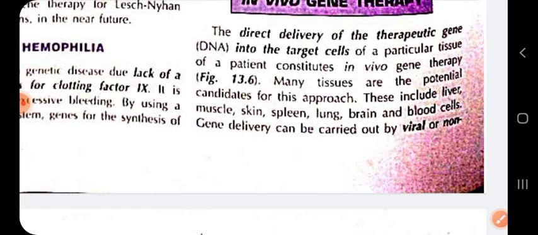Liposomes are artificially created lipid vesicles where we entrap our gene of interest within those lipid vesicles. Then the liposomes undergo the process of endocytosis, to be engulfed by the cells, so that our therapeutic gene is able to enter into that target cell.